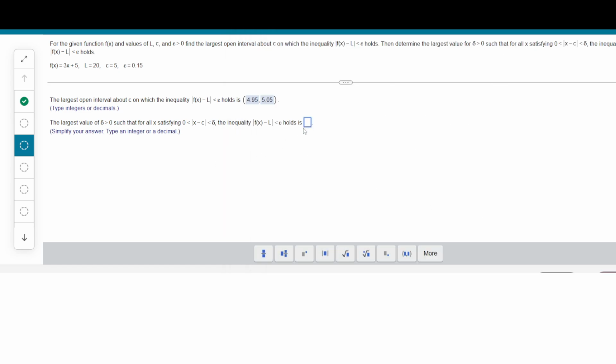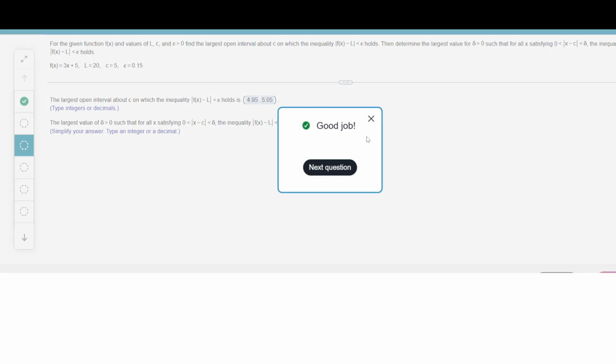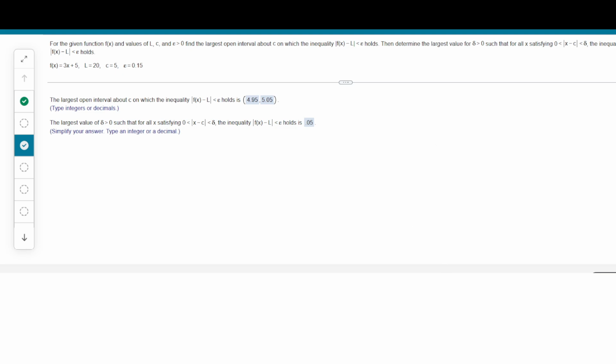Both are at the same distance from the center. So these are some linear functions I used here. In the next video, I'm going to choose some non-linear functions for finding a delta.